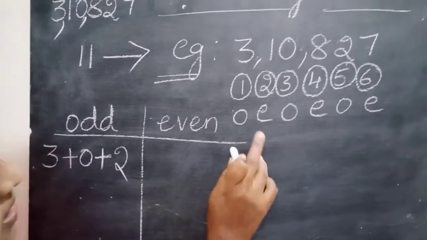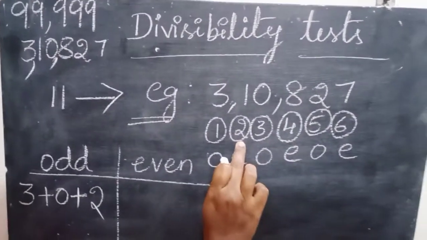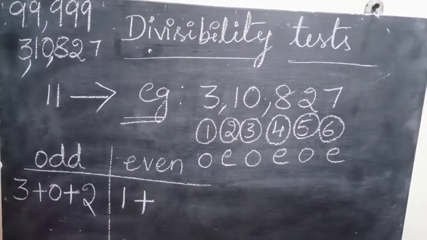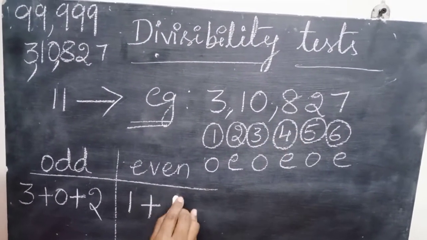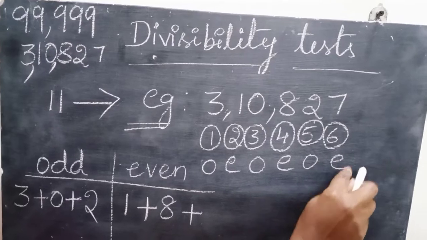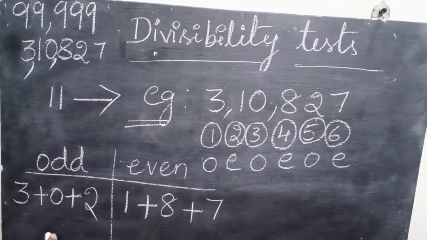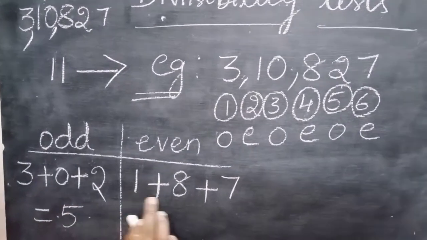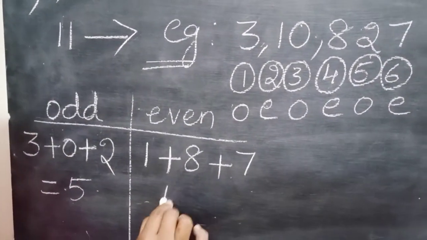Now even places. The first even place is 2, the next even place is 1, next 8, next 7. Here you can see 3 plus 0, 3, 3 plus 2, 5. 2 plus 1, 3, 3 plus 8, 11, 11 plus 7, 18.